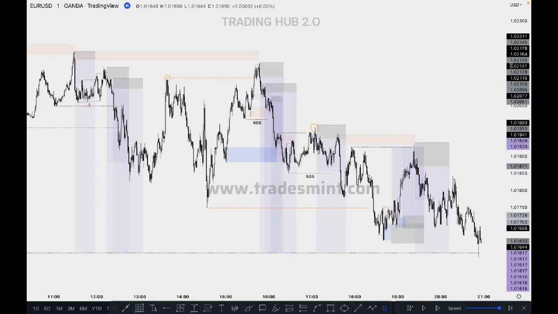In this case M15 is the major structure, M5 is the minor structure, or you can say a medium structure, and M1 is for the lower time frame entries. So basically these 3 time frames are enough for a day trader, and this will help you a lot to understand how we can stack multiple positions and how you can trade counter trend.